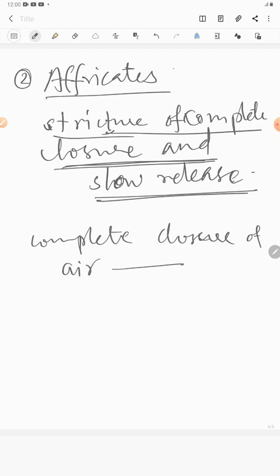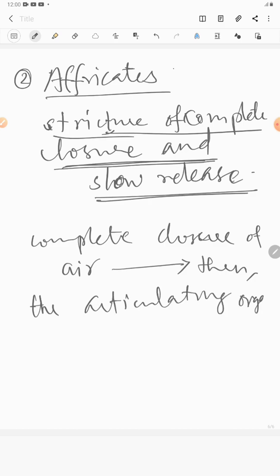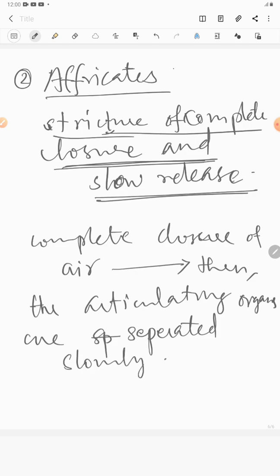And then the articulating organs are separated slowly, which allows the air to escape with audible friction. Such sounds are called affricate consonants.